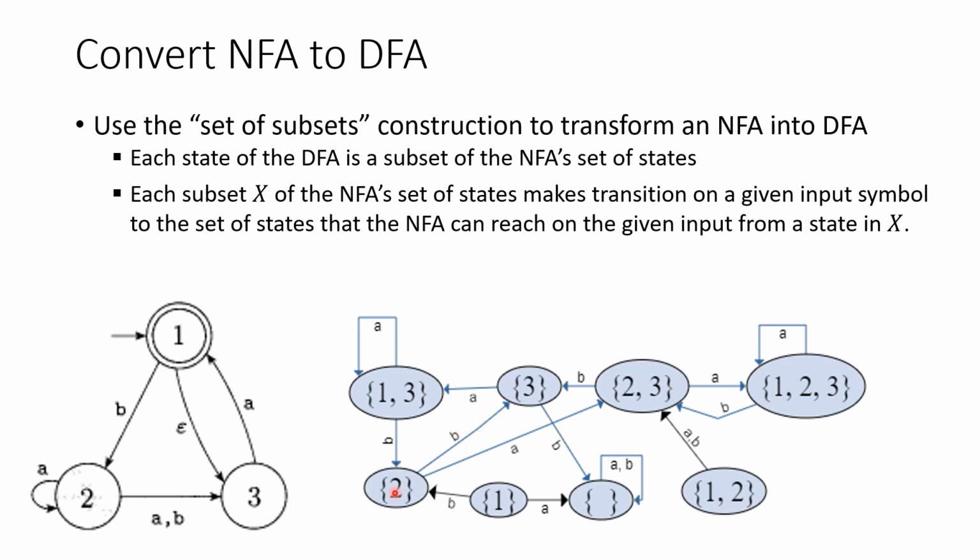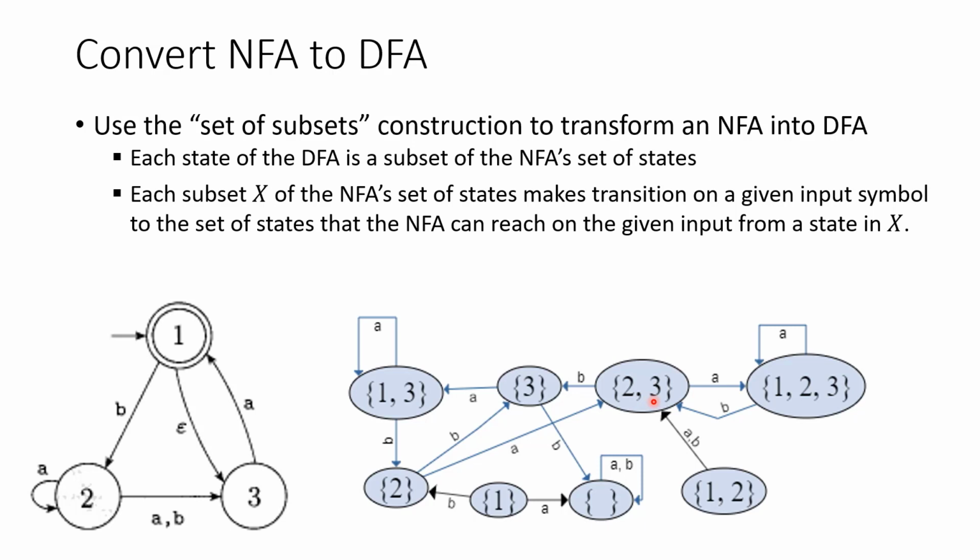But if it's on the input symbol A, from 2, then it can go to 2 and 3. So therefore, from the subset consisting of 2 and on input symbol A, it will go to the subset of 2 and 3.